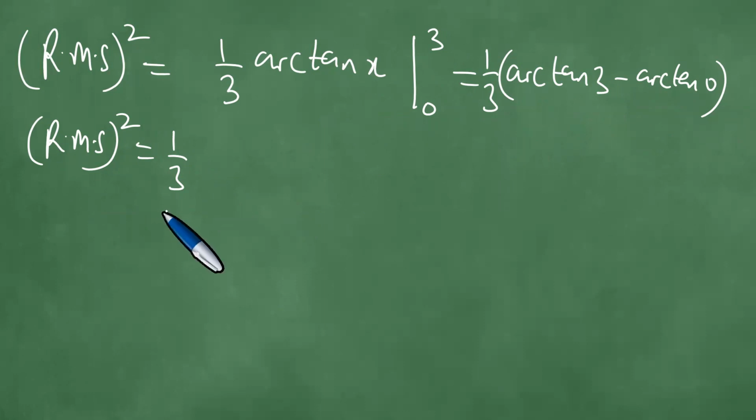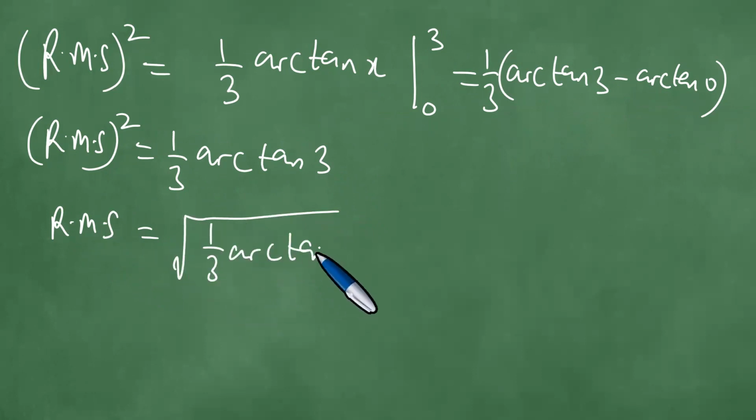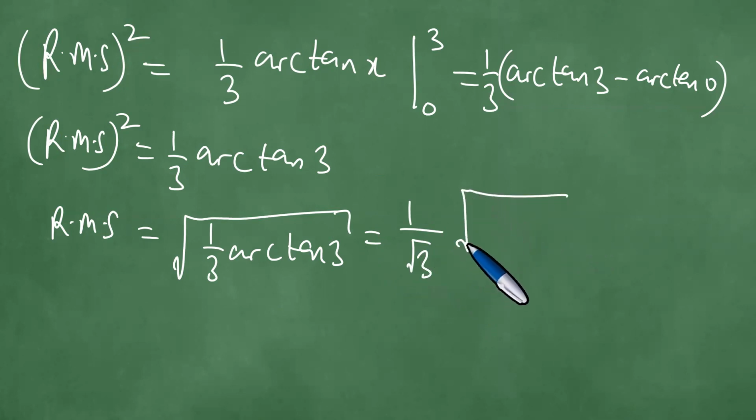Right, what is arctan 0? The tangent function is 0 at the origin. So, which means that this is arctan 3. And there is a couple of implications about the fact that the root mean square is the square root of 1 over 3 arctan 3, which is 1 over the square root of 3 times the square root of arctan 3, like so.